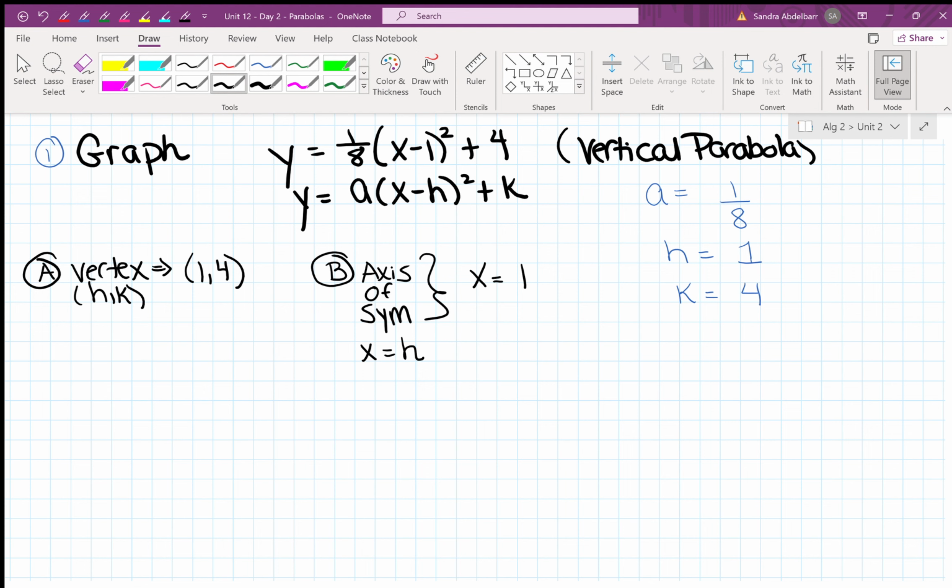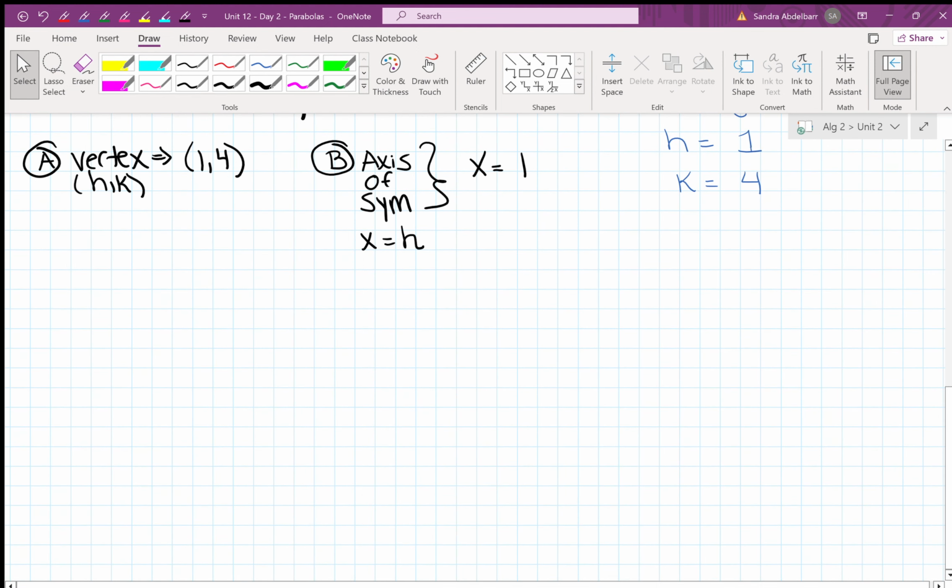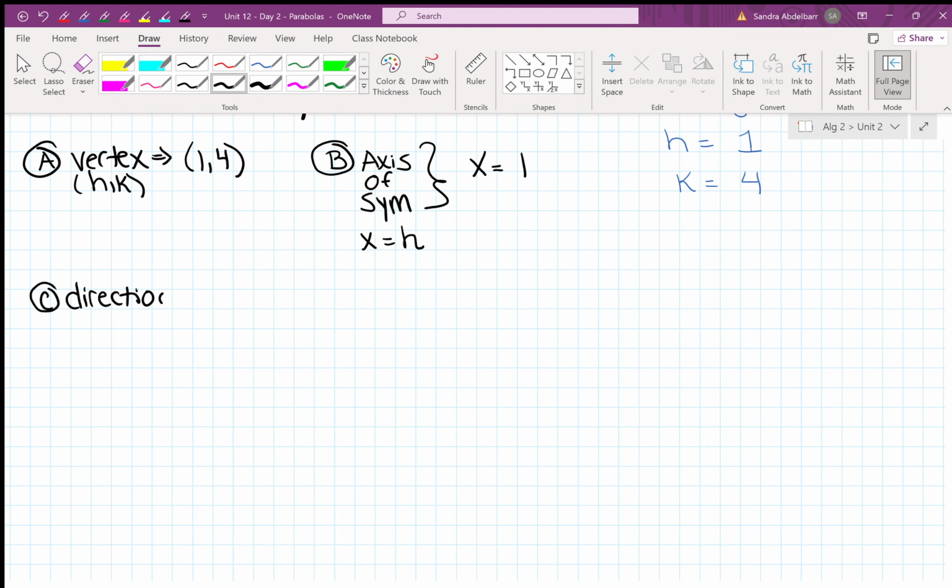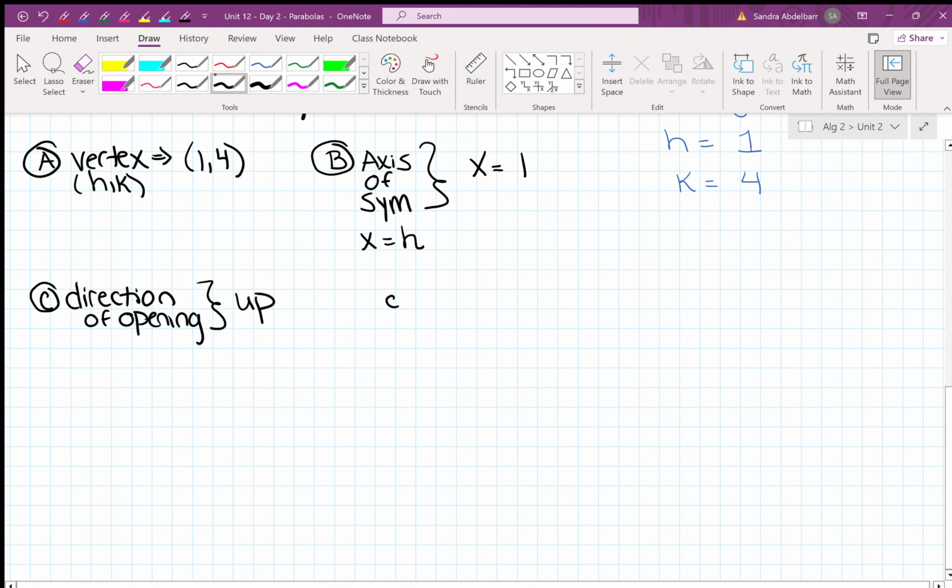Now I'm going to ask about the direction of the opening. Because a is positive, are we opening up or are we opening down? Up. If I'm going too fast, just tell me to slow down.